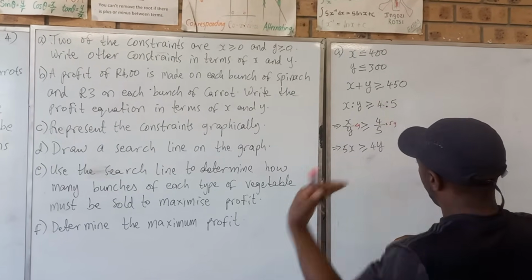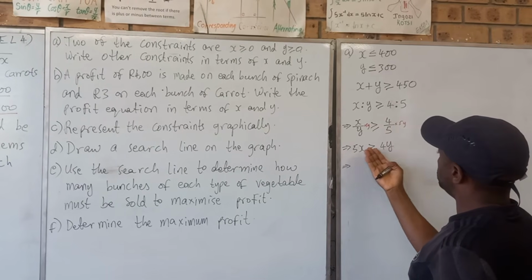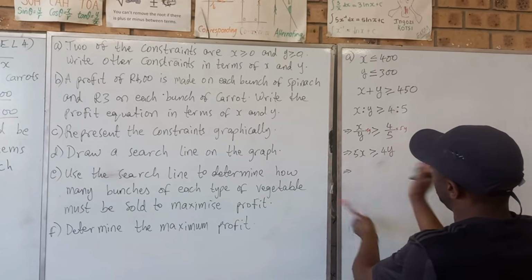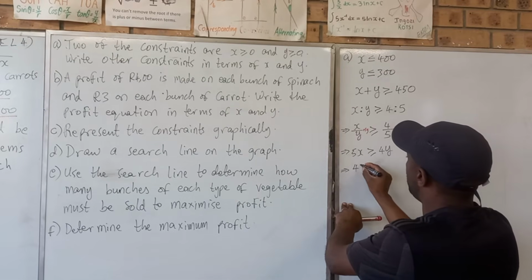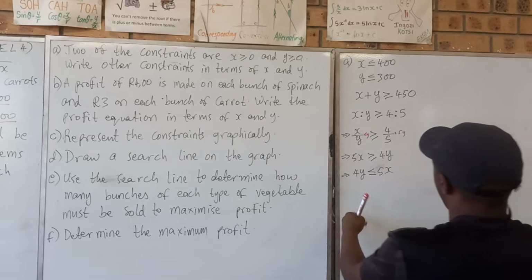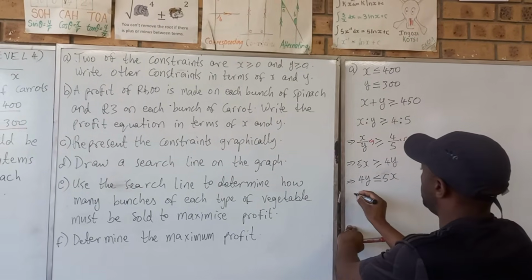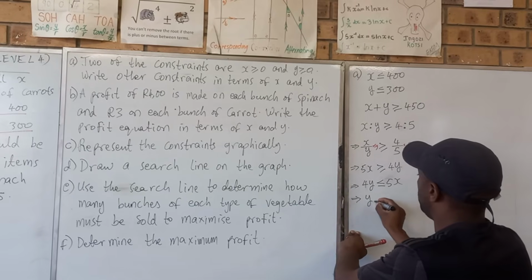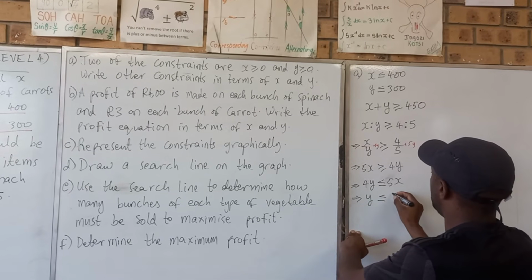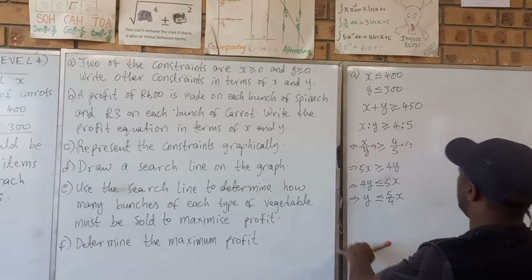So I always prefer putting Y on the left hand side. So if 5X is greater than or equal to 4Y, that will therefore mean that 4Y is less than or equal to 5X. Just like if I'm older than you, then you are younger than me. And from here, I can divide both sides by 4. So my constraint is Y less than or equal to 5 over 4 X.